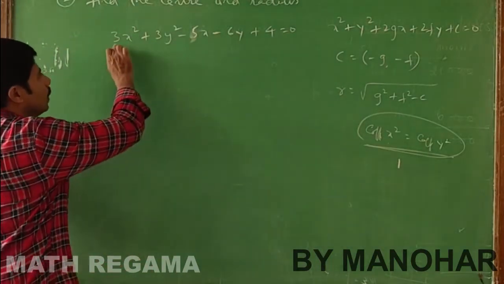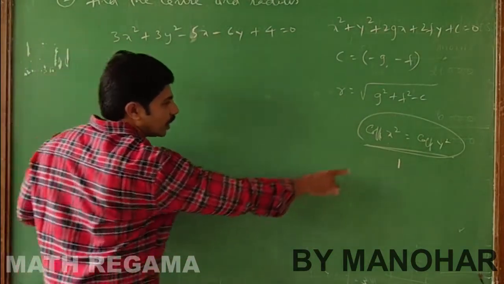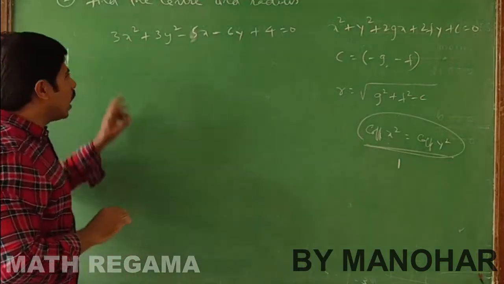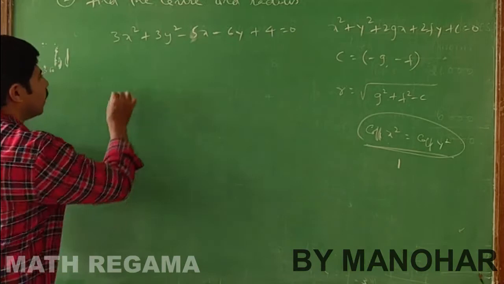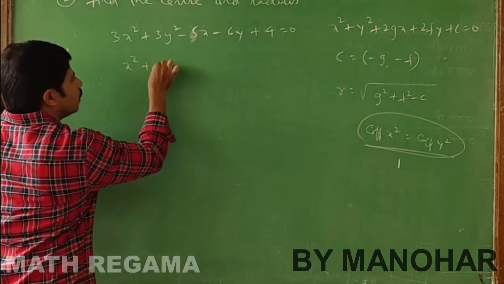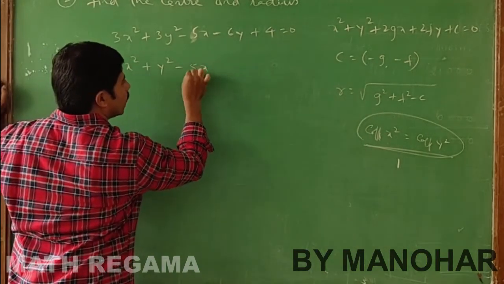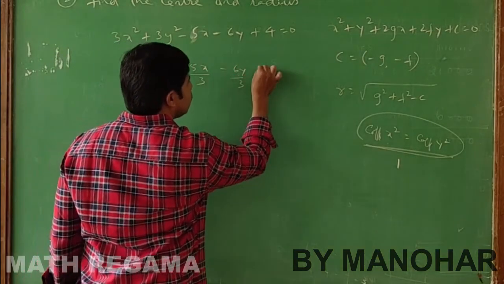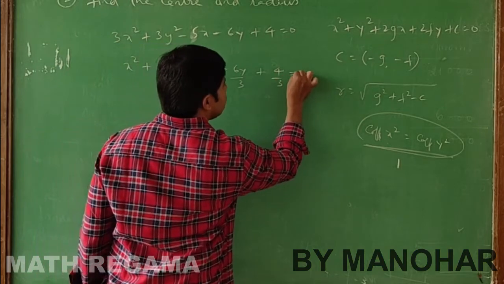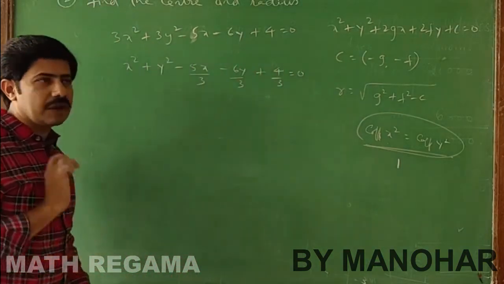So now to make the coefficient of x square and y square unity, meaning 1, I'll divide the complete equation by 3. So if I divide by 3: x square plus y square minus 5x by 3 minus 6y by 3 plus 4 by 3 is equal to 0. Why do I divide by 3?